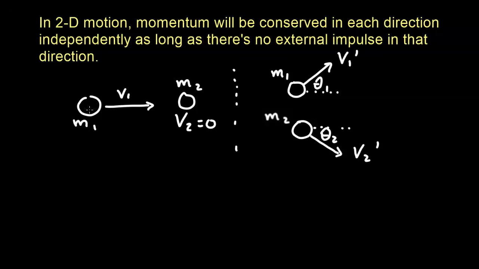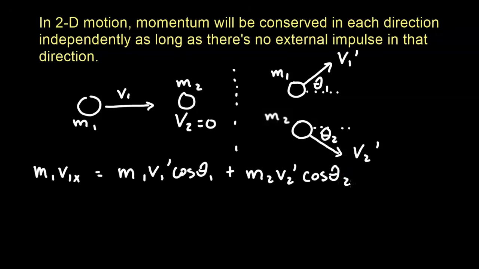So let's think about this in the x direction. I'm going to make the horizontal direction the x direction. In the x direction, initially, ball 1 is moving towards the right, and we're going to use the horizontal velocity. It's only moving horizontally, so it would just be its v1, and set that equal to, object 2 is initially not moving, so it's 0, and then that equals the mass of object 1 times the final velocity of object 1, times cosine theta.